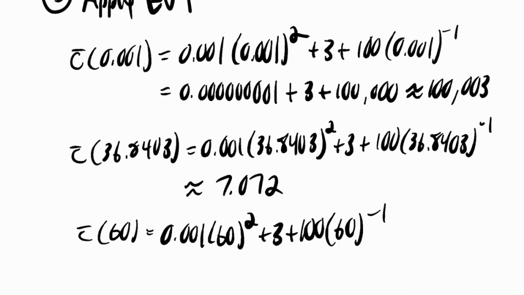And 60 there, and 60 there, and I get 8.267. So the lowest value is here at 36.8403 widgets. So basically that means in order to minimize the average cost, you should produce 36,840 widgets.